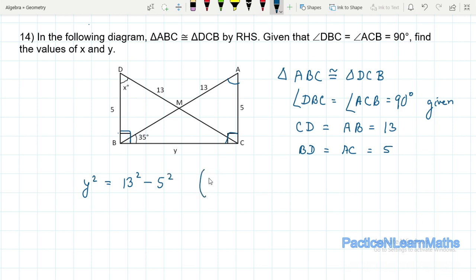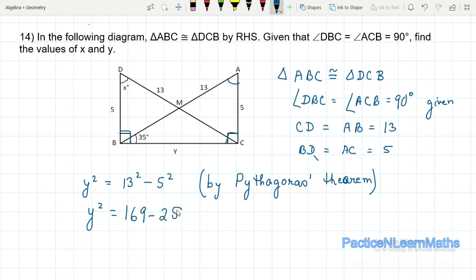So y square is equal to 169 minus 25, that is equal to 144.